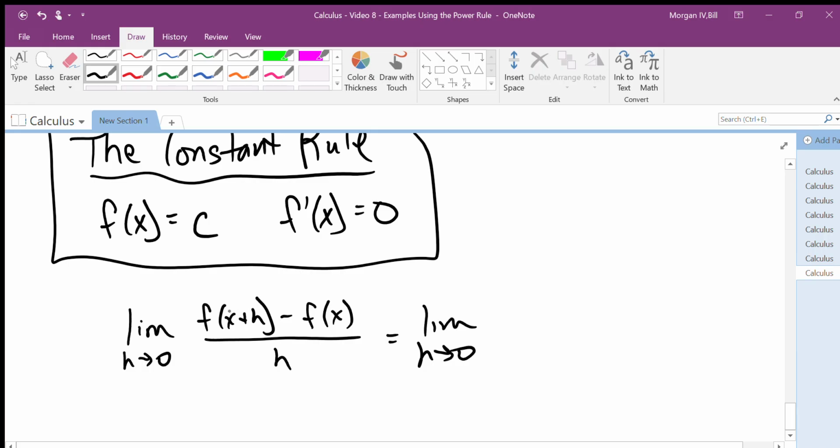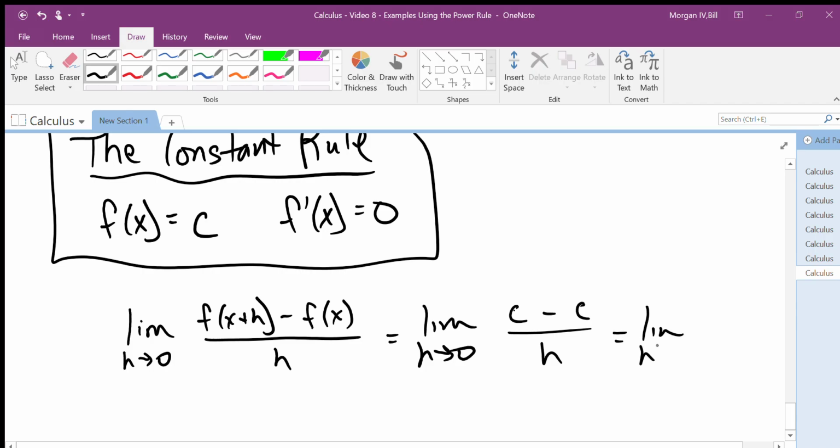F of x plus h means I take all the x's and I plug in x plus h. But if I just have a number c, that means there is no x. Therefore, if I plug in x plus h for all the x's, there are no x's, so I still just have c. Minus my original function f of x, which is just c, over h.